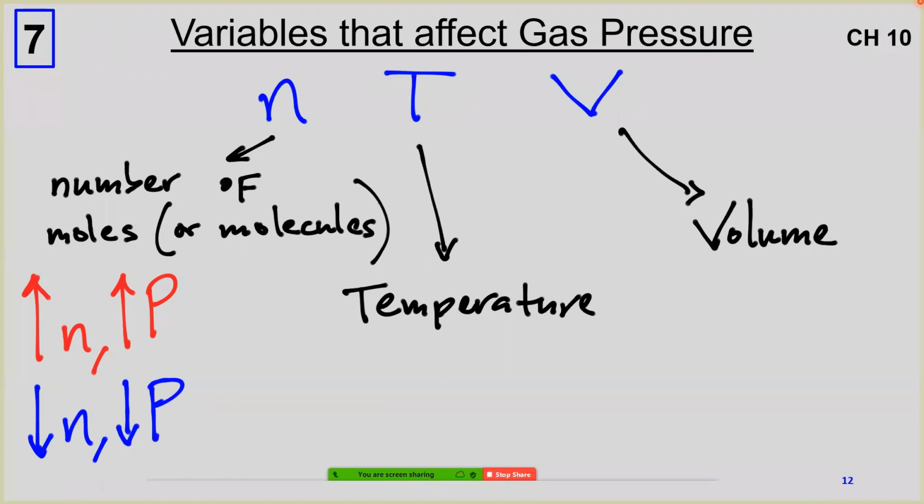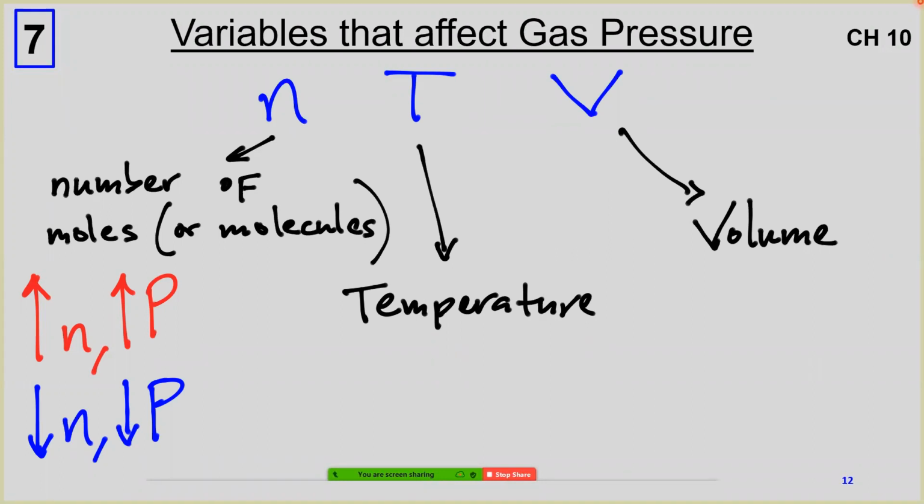Okay. Temperature is the same way, right? If you're keeping the number of molecules and volume constant, and the only thing that you're changing is the temperature, that would also increase the rate of collision, the frequency of collision inside the container, because you're giving these molecules more kinetic energy. And so they're going to be moving a lot faster, hitting the walls of the container, colliding with each other a lot more often compared to at a lower temperature.